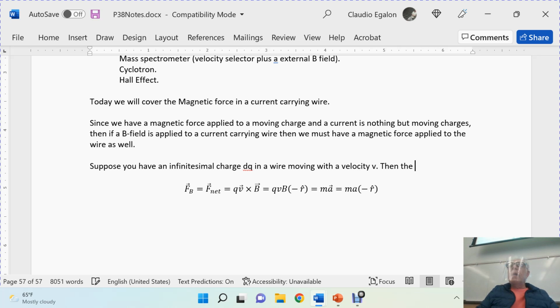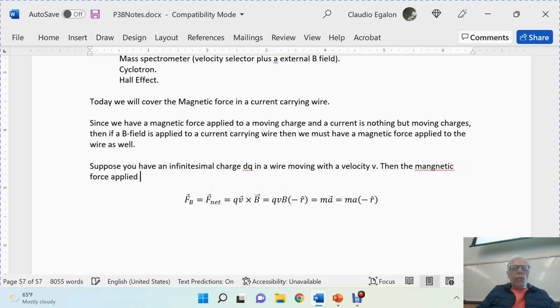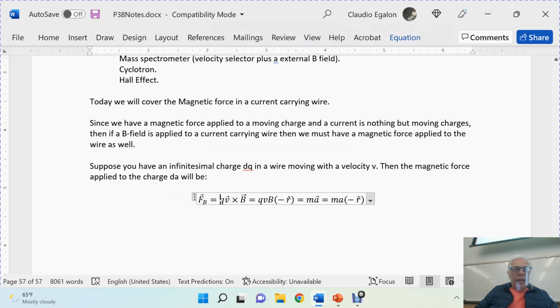Then the magnetic force applied to the charge dq will be dF = dq v cross B.